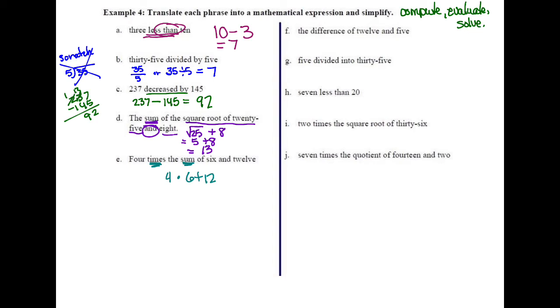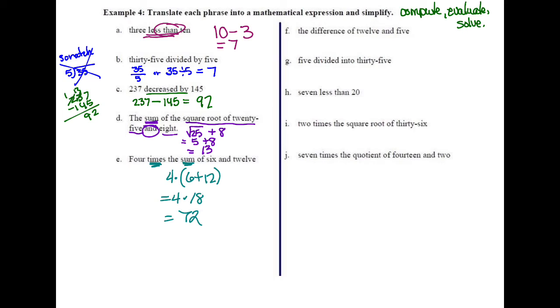We don't want to do that. We want to do 6 add 12 and then times the answer by 4. So what I'm going to do is make certain I do those two first by putting them in parentheses and putting the times by 4 on the outside. Now computing it, we're going to have 4 times 18, and that's, whoa, very messy, 72.